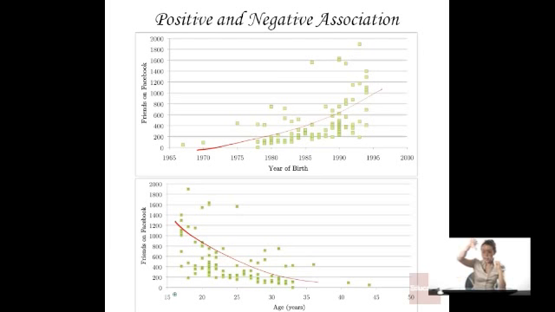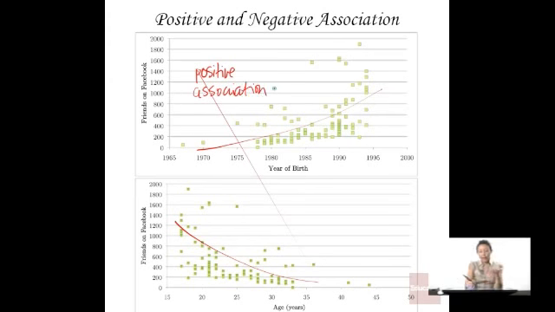As you go down in age, as you go this way on the x-axis, then you see friends going up, right? Now, this is what we call a positive association, where the variables are coupled to each other in the same direction. So we'll call this positive association.